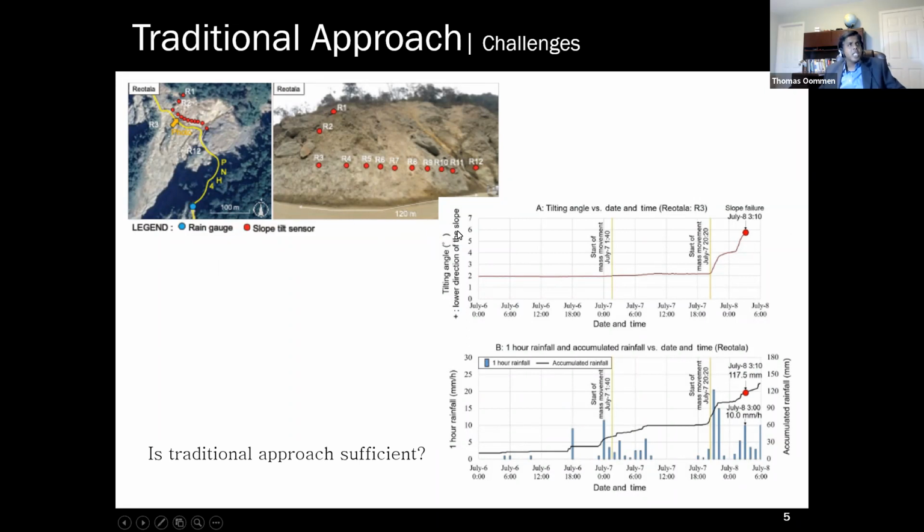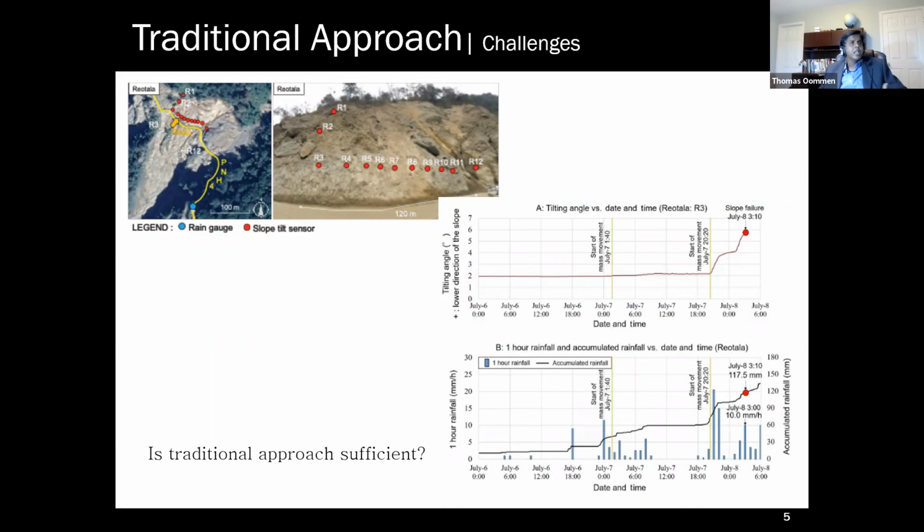But the challenge that we are facing with this large network of areas that is vulnerable to landslides, putting these instrumentations everywhere and analyzing and making sure these instruments are working correctly and getting that data is almost impossible. So the traditional approach is pretty accurate.